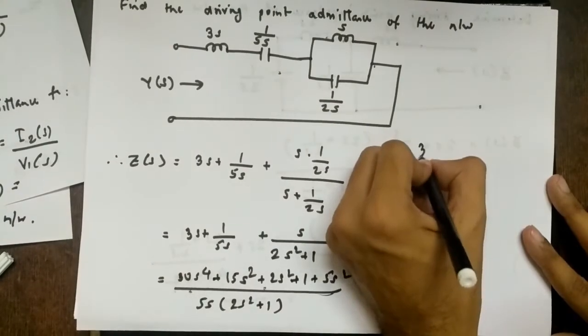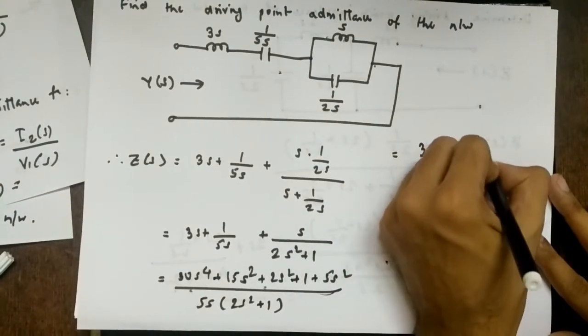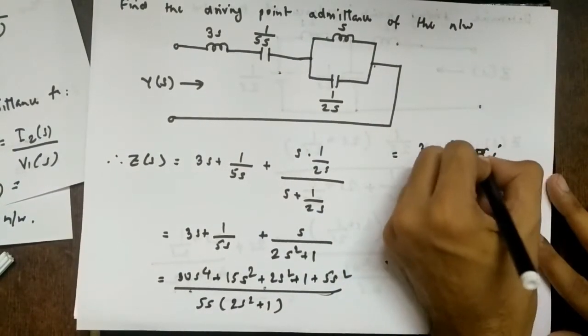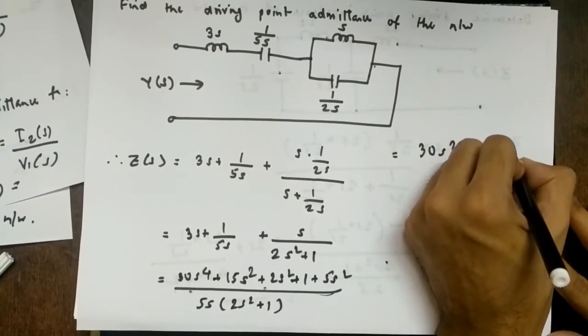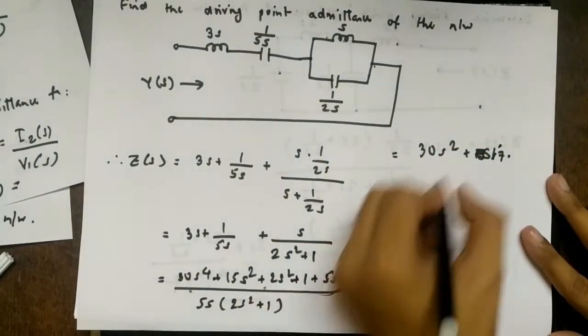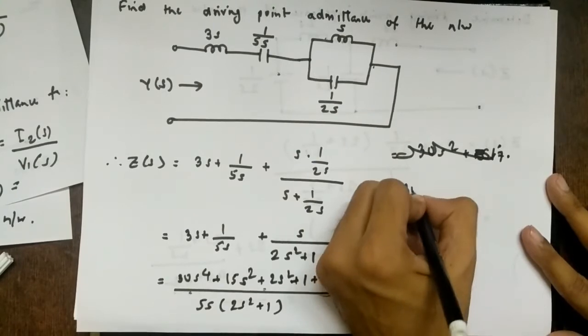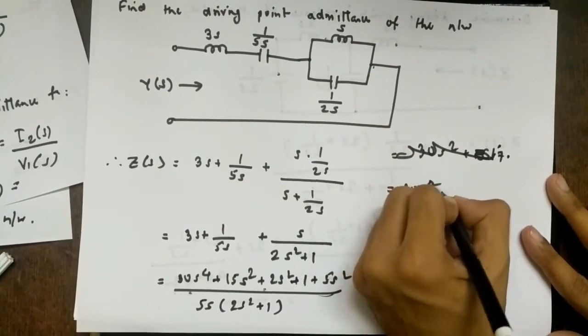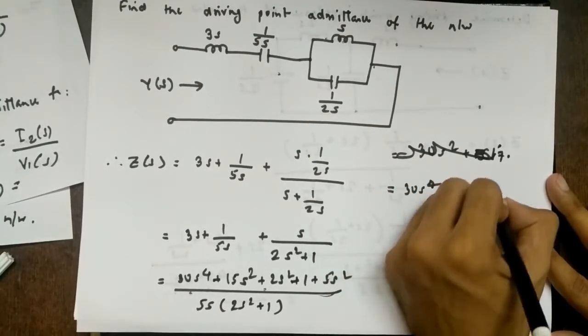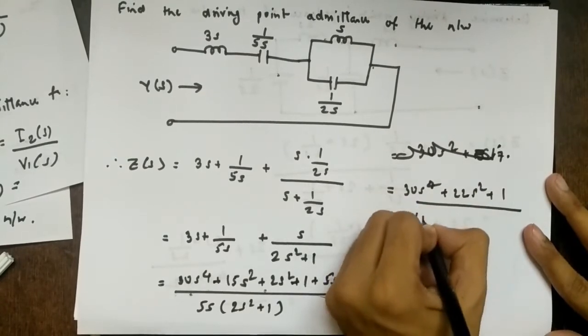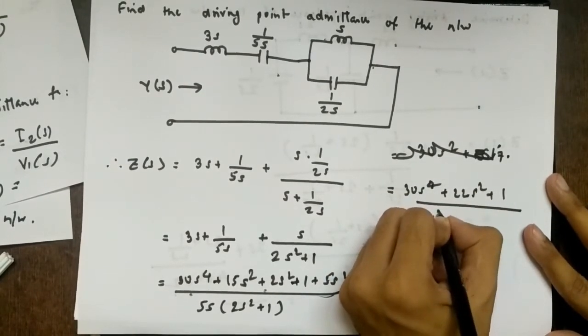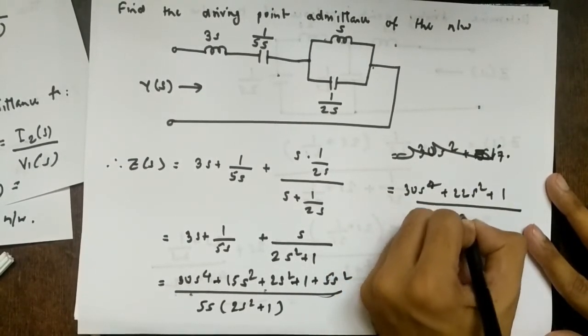So to get 30S raised to 4 plus 15, no sorry, 17, not even 17, 22. So 30S raised to 4 plus 22S square plus 1 upon 10S cube plus 5S.